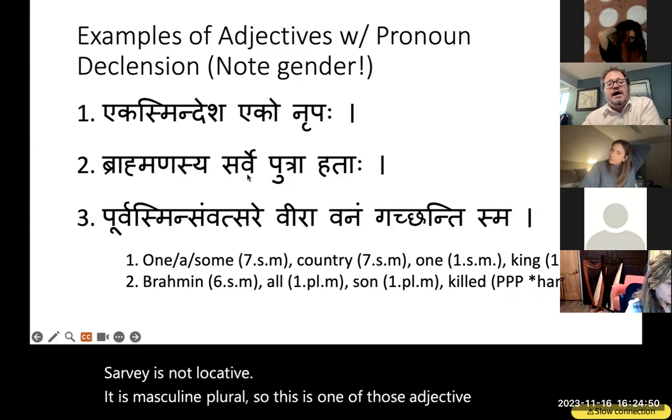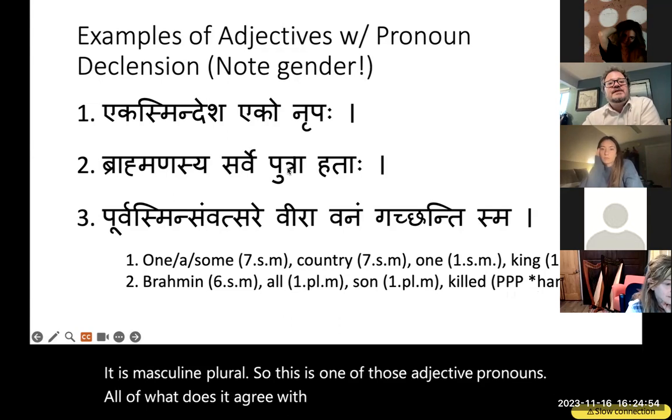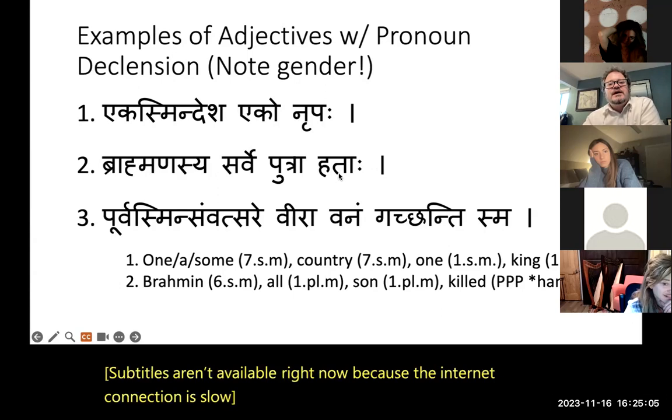All of what? What does it agree with? Putrah, plural, nominative, sons. All the sons of the Brahmin, hataha, are killed. Here, that hataha agrees with the putrah and the sarve. So they're all construed together.